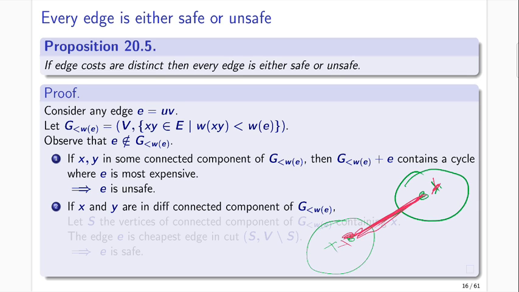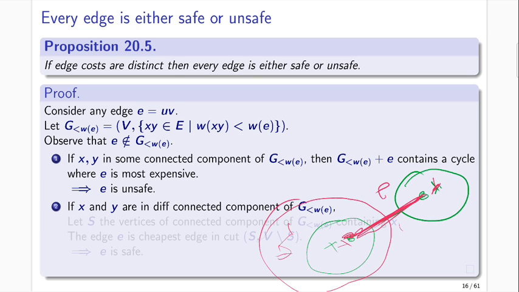Okay. Now, if they're in two different connected components, then just take the connected component containing x in this graph. We are getting a set of vertices S, right? And observe that this edge E is not in the graph, right?